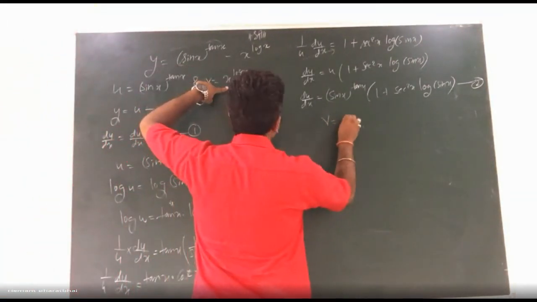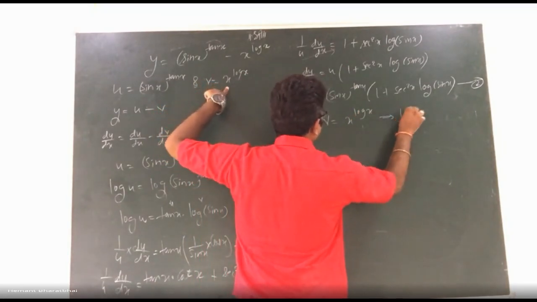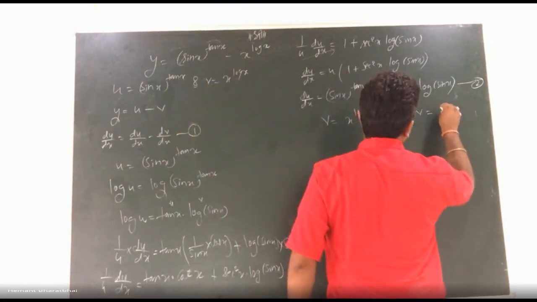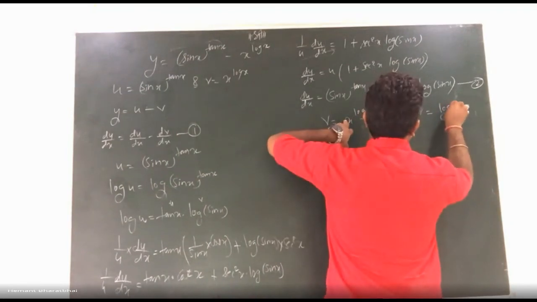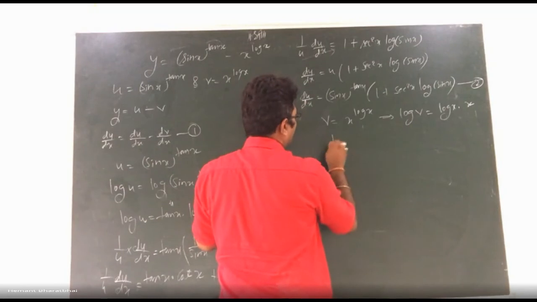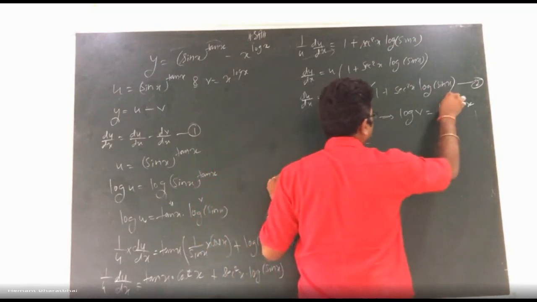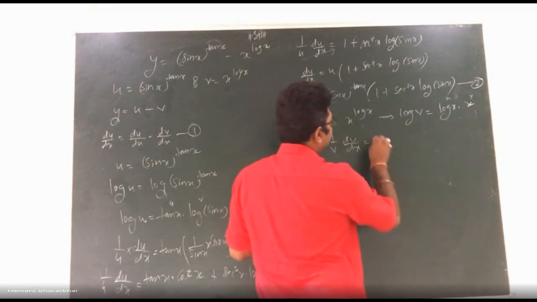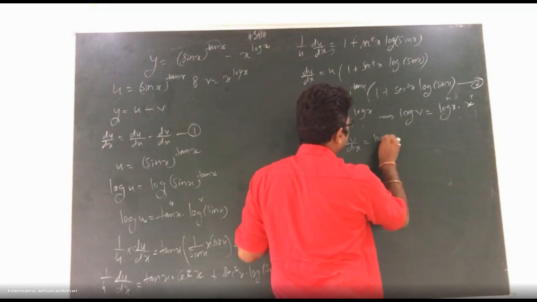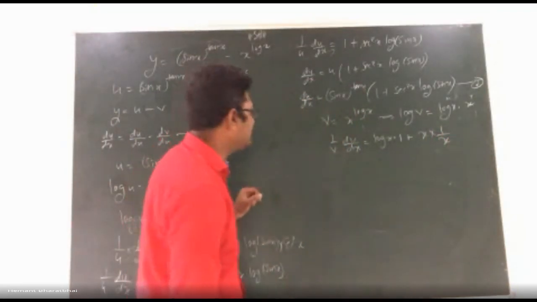So my v is x raised to log x. So I will take log. I will get log of v equals log x into x, since the power comes down. So 1 by v dv by dx equals, here I will apply the product rule. Log x constant and derivative of x will be 1. Then x constant and derivative of log x will be 1 by x.